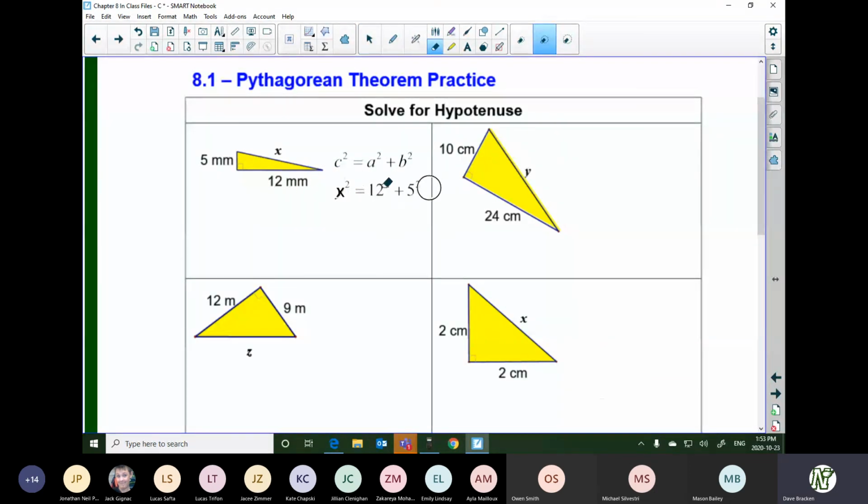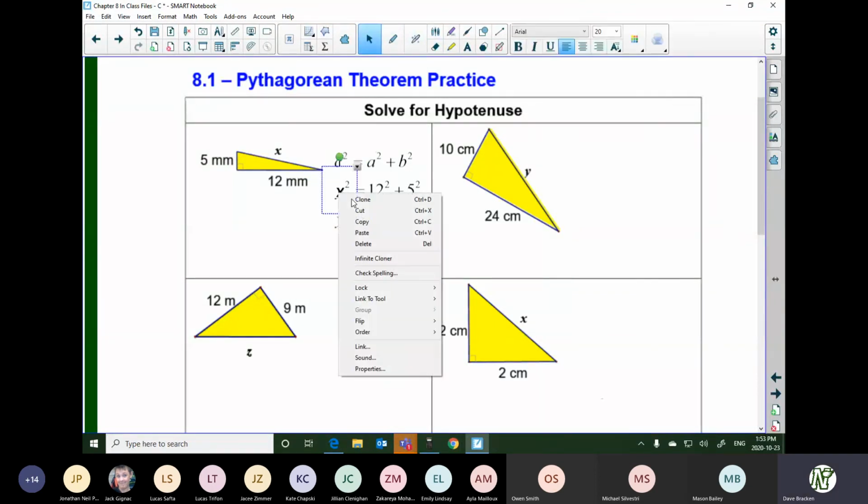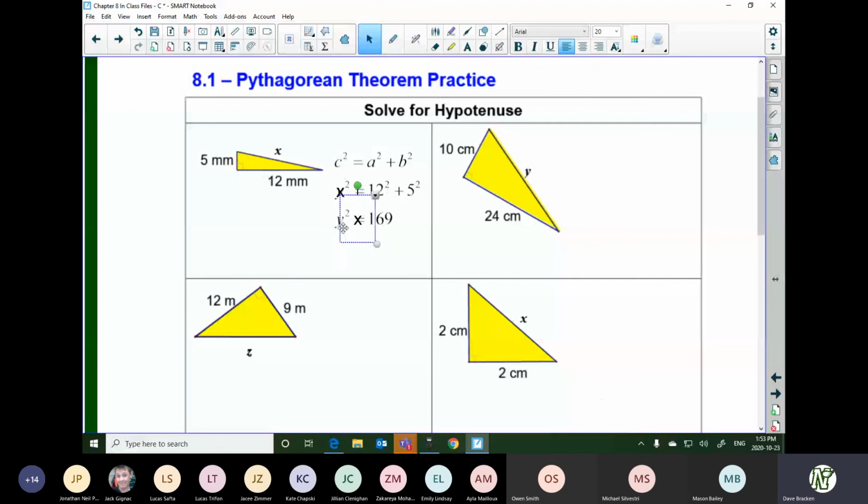But then we put the other one in for the B. X squared, not Y, is equal to 169. And then we take the square root, and I'm sure there's a Y under this one too. I should get X is equal to 13, and in this case, millimeters. Is that okay?